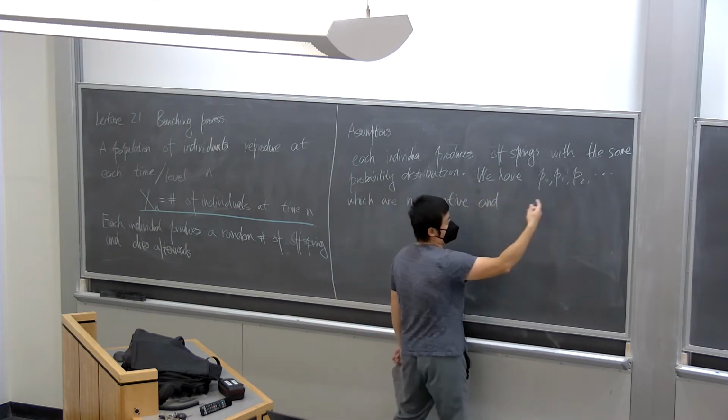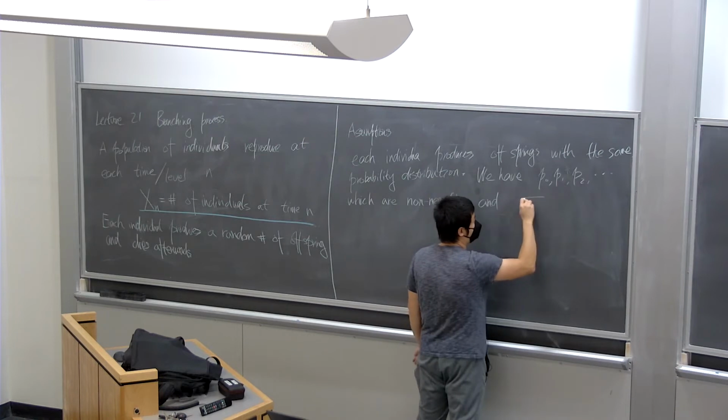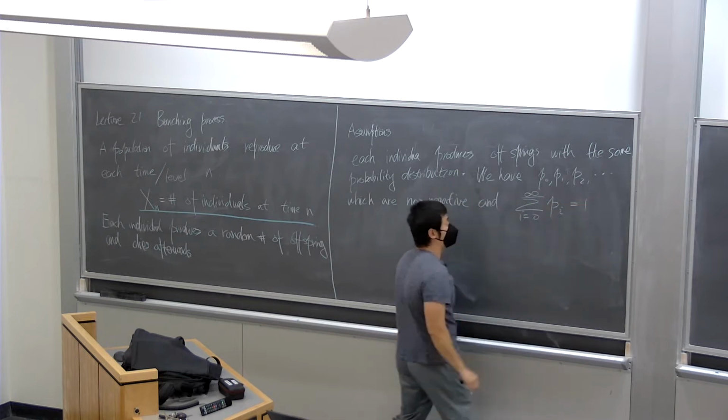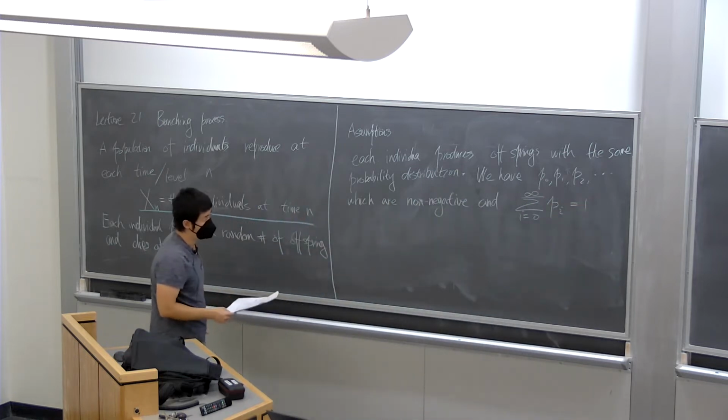And of course, being a probability distribution, we want the sum of pi, i going from 0 to infinity, to be equal to 1.